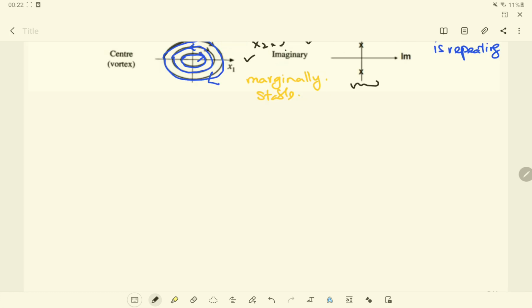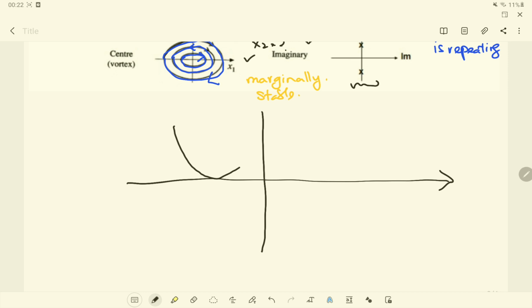Okay, now phase plane. Something like this. So here is the curve. Here is x1, and the y-axis is x1 dot, always equal to x2. So we draw the graph something like this.